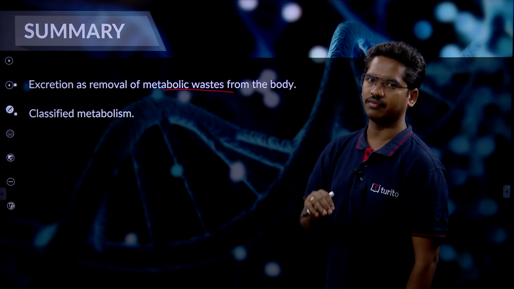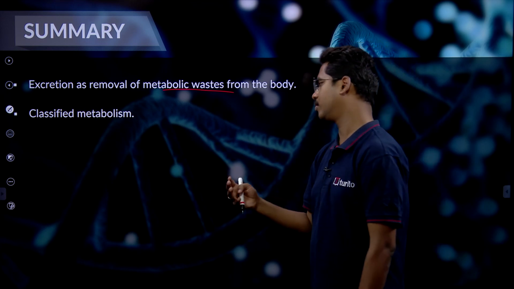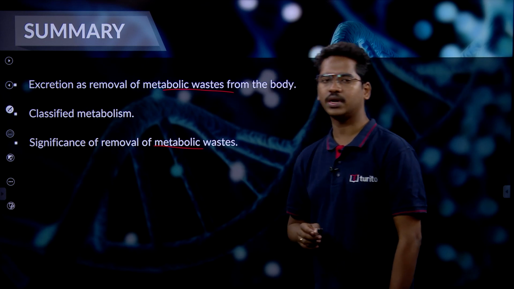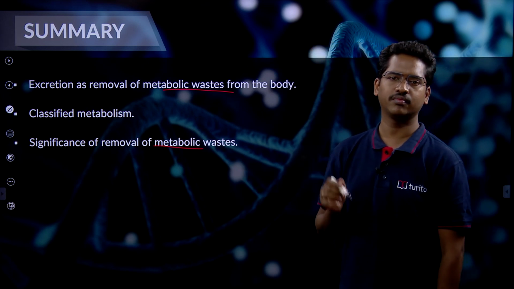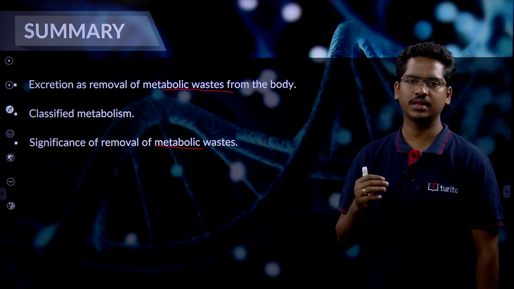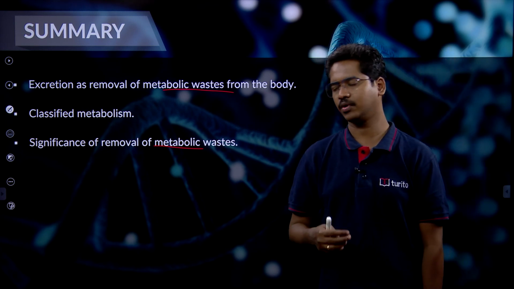Those byproducts are waste and are to be removed out of the body. Now, the significance of removal of metabolic wastes: we looked at why metabolic wastes are not to be retained in the body and why they are to be removed.